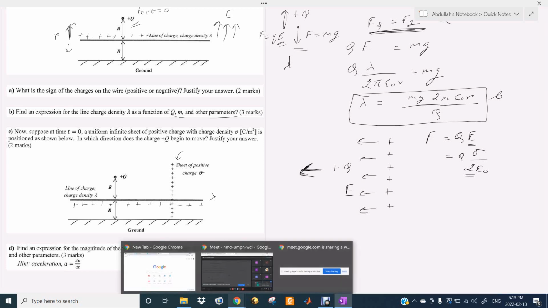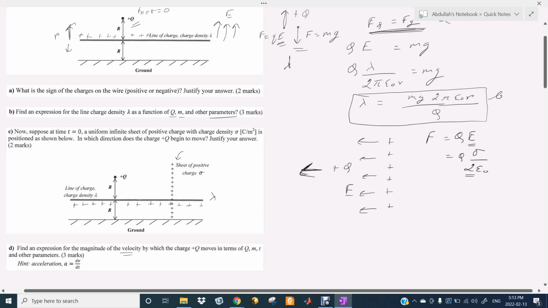Anyone? The reason for the 2? It's because the electric field lines will go on both sides of the surface. Exactly, yeah. So it's going from both sides of the charged surface, right? But you are considering only one side because we are only considering the effect on the charge, but nonetheless you have to take the 2, right?